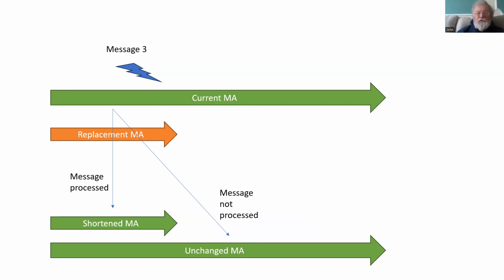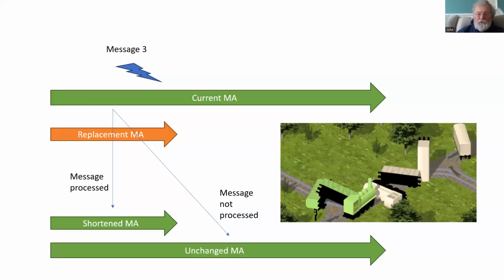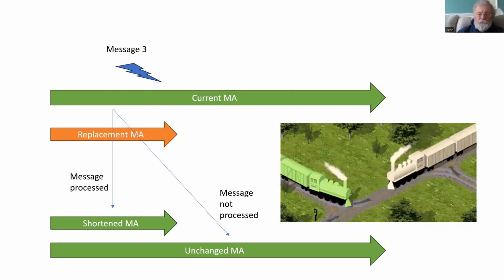So message 3 is useful if we want to make a movement authority longer, but it is not much help to us if we want to shorten a movement authority. So what can we do instead? Because if we don't, and we release the route, we could end up with a collision.